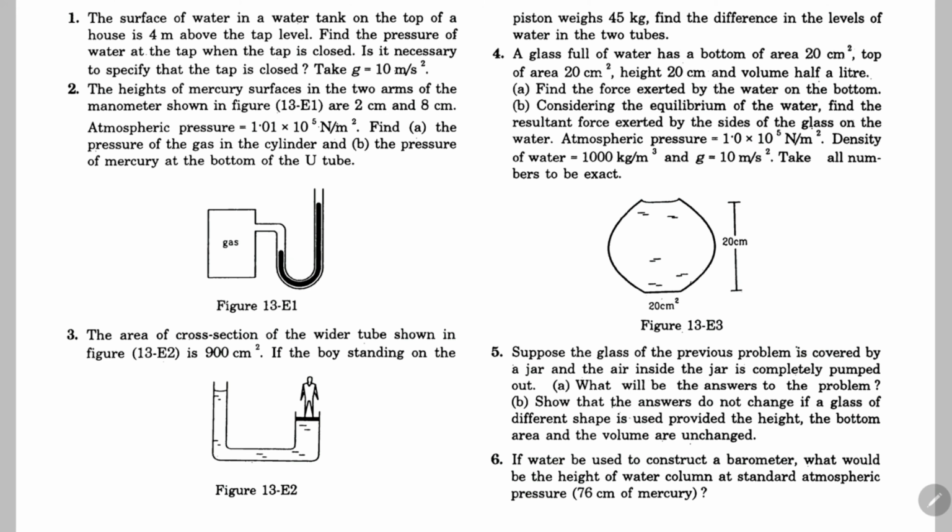In the third question, there is a piston like this. The area of cross section of the wider part is given, and the boy standing on the piston weighs 45 kg. We need to find the difference in the level of waters in the two tubes. So what will be the difference in the water level?